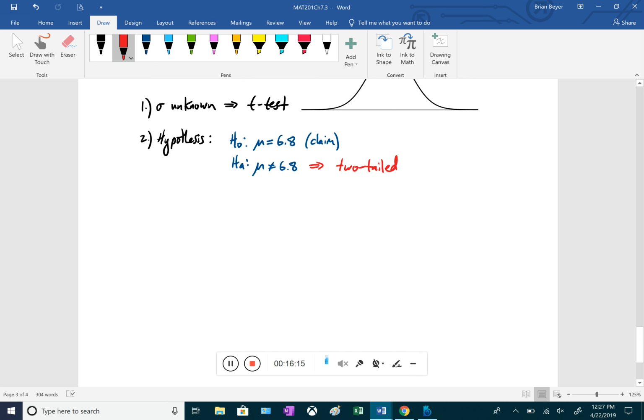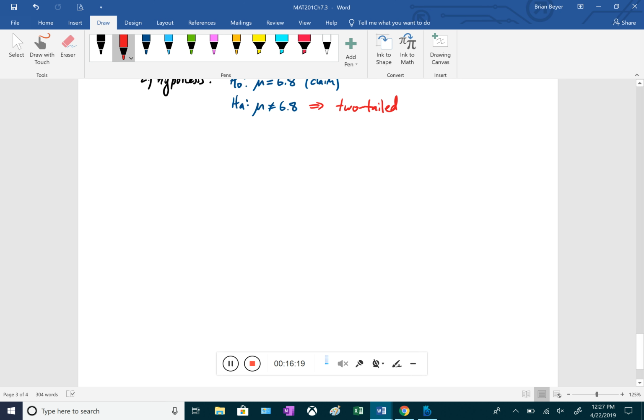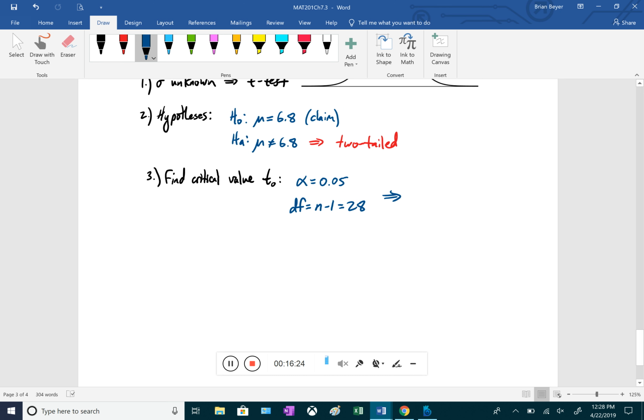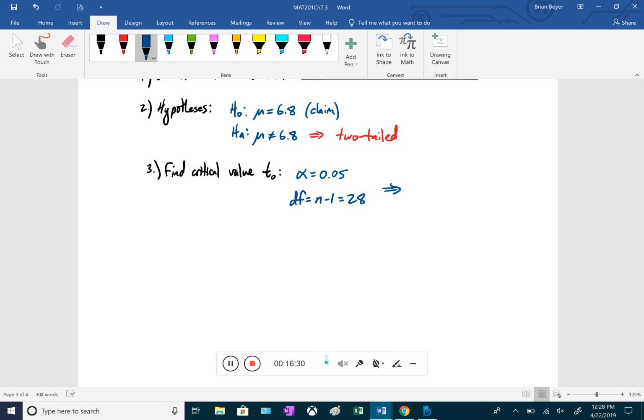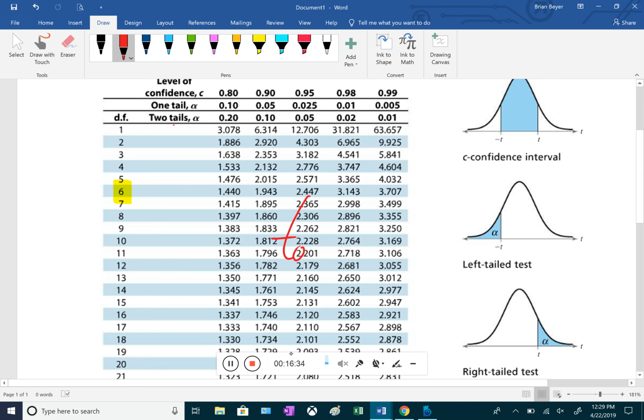And now let's find the critical value t from the table. Okay, so we have alpha is 0.05, degrees of freedom, sample size minus 1, which is 28. So finding this in the table now, we have to be careful because now we're doing a two-tailed test. So that's going to be this row. So two-tailed test of 0.05 would be right here.